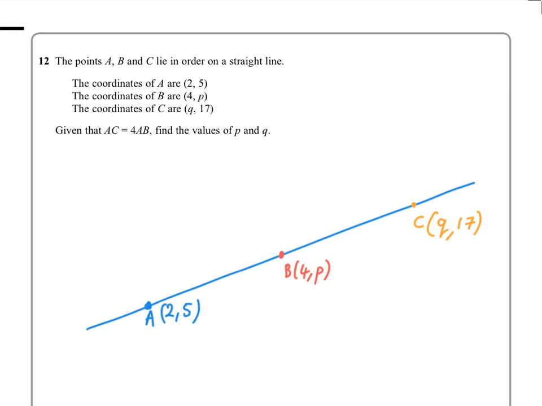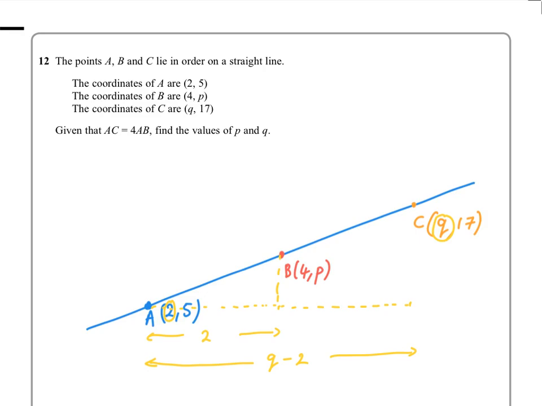I think one thing to do here is to look at the change in the x coordinates. So here we've got from 2 to 4, so we've got a length here of 2. But from A to C we've gone from 2 to q, so the distance is going to be q, i.e. the bigger number, with 2 taken off. So that's going to be this distance from A to C in terms of the x length.